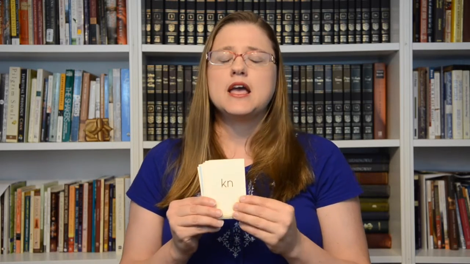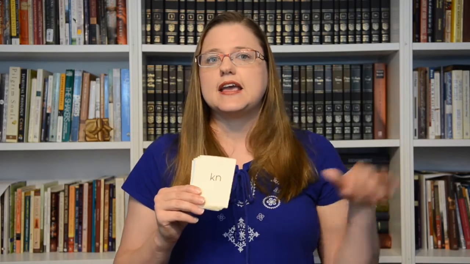Another part of the Anglo-Saxon Code is K-N, and I do tell students, we used to say knight, knee, and over time we've dropped that K sound, so now we say it as two-letter N, used only at the beginning of words. Now this is two-letter N, but it can be used at the beginning or at the end of a word, so say two-letter N at the beginning or end.